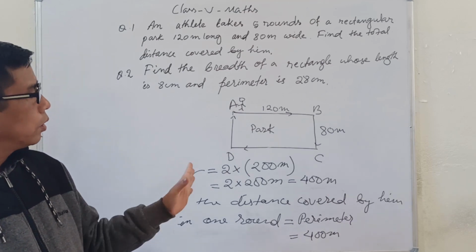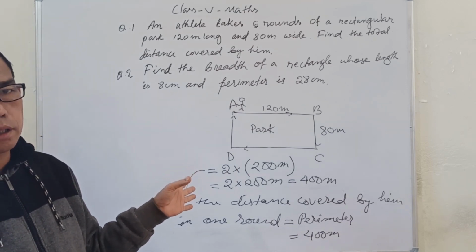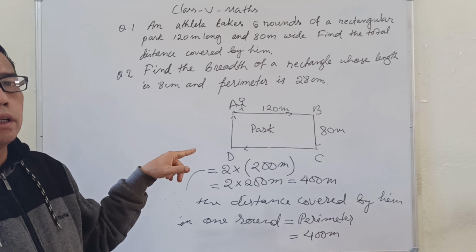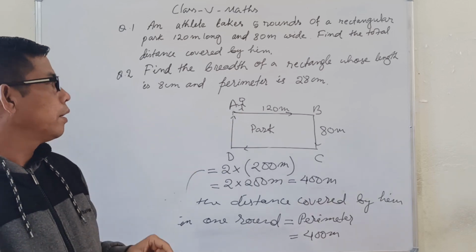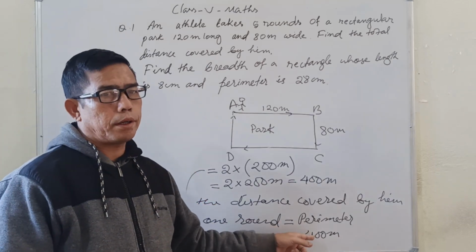Therefore, the total distance covered by the athlete in 5 complete rounds will be 5 times the perimeter.